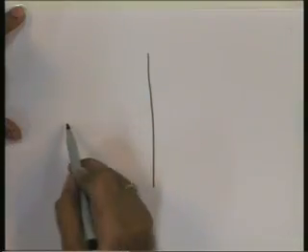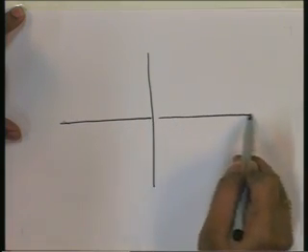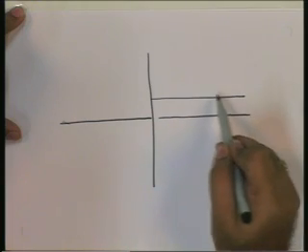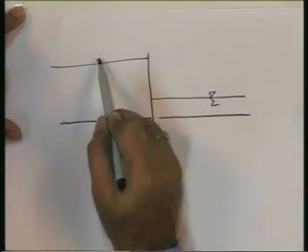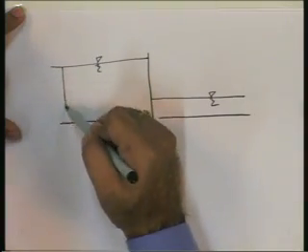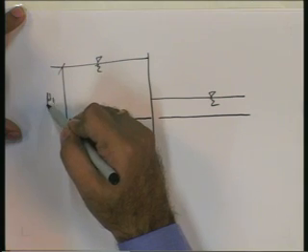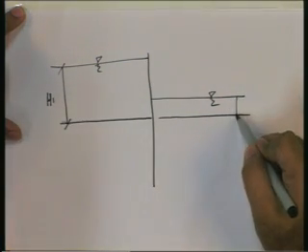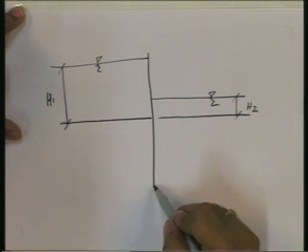So, let us consider a cross section of a sheet pile wall. Let us assume that this is H1, and H2.